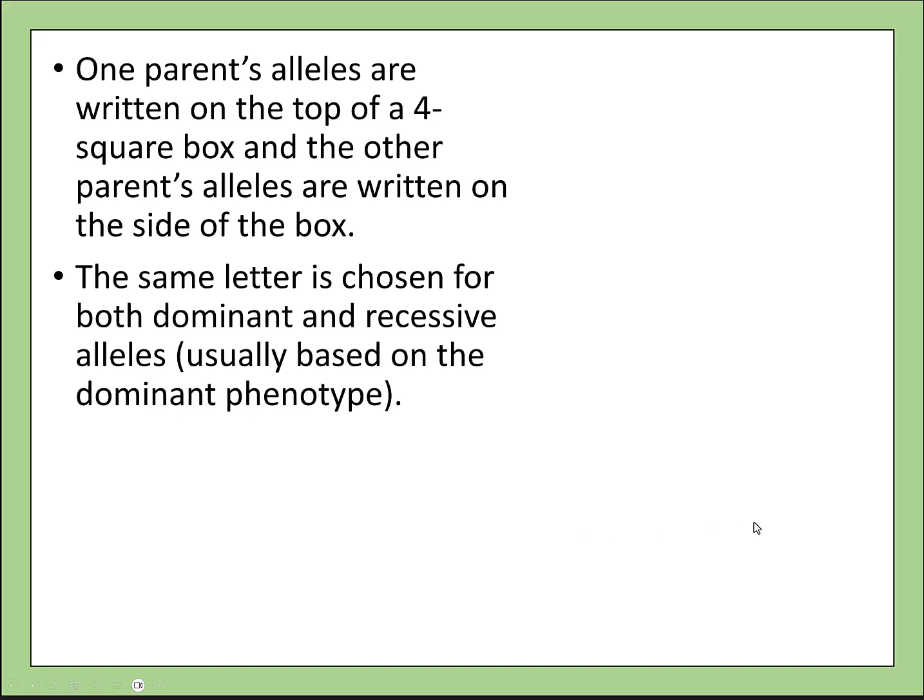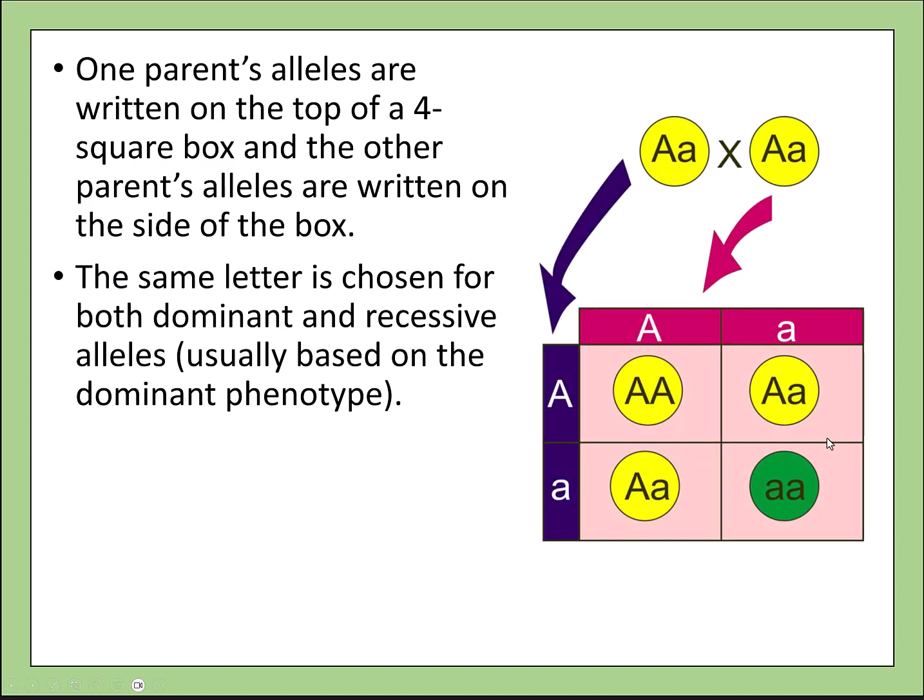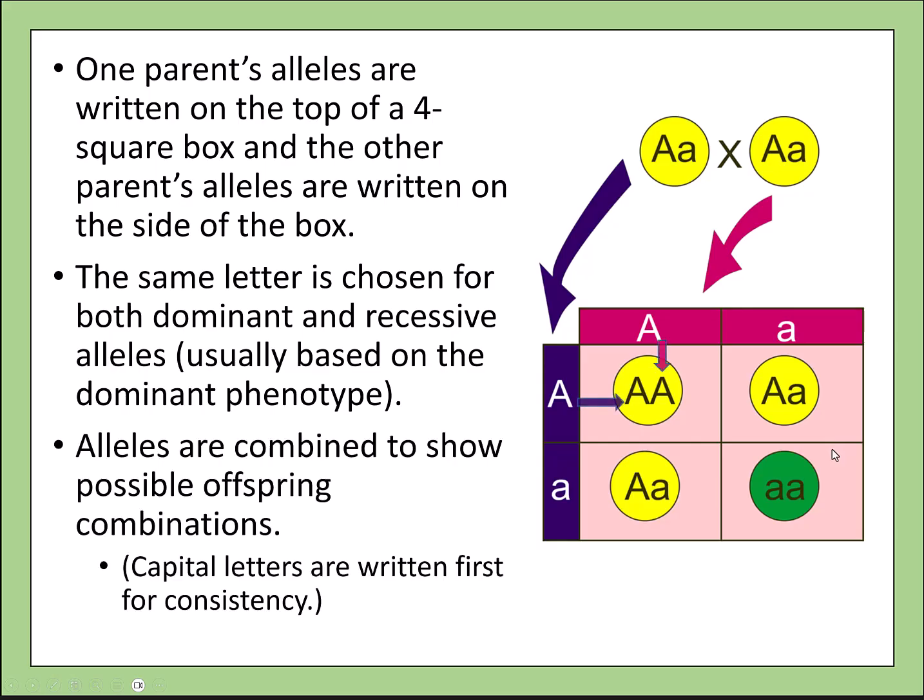So one parent's alleles are written on the top of a 4-square box, as I just said, and the other parent's alleles are written on the side. The same letter is chosen for both dominant and recessive alleles, as we've discussed, usually based on the dominant phenotype. And then alleles are combined to show the possible offspring combinations.